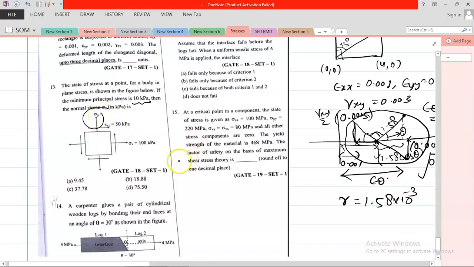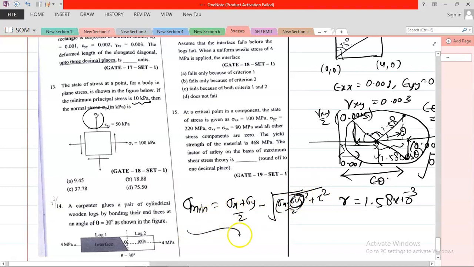First of all, sigma minimum is equal to (sigma x plus sigma y) by 2 minus under root of ((sigma x minus sigma y) by 2) whole square plus tau square. So you can directly obtain sigma y from this equation.